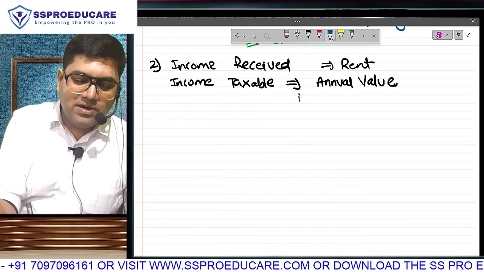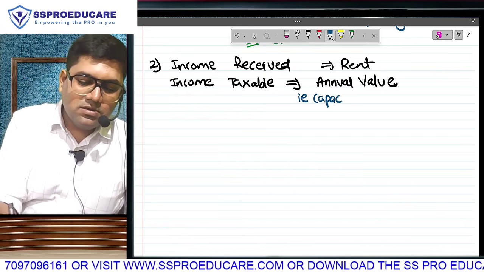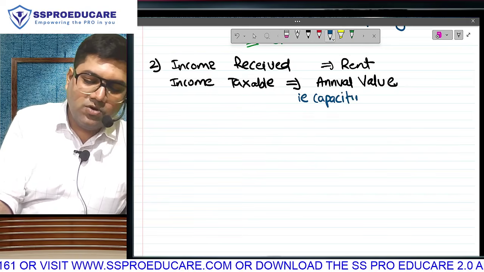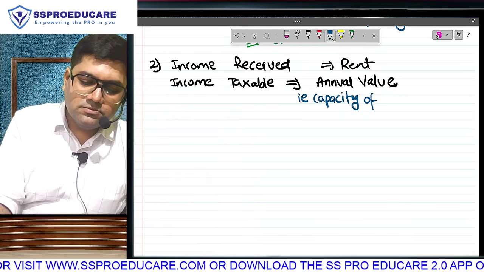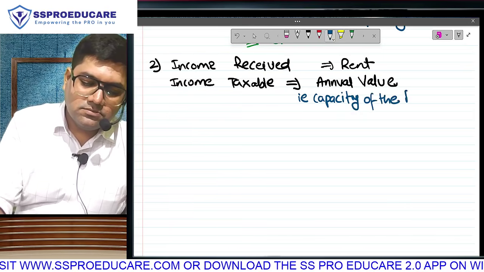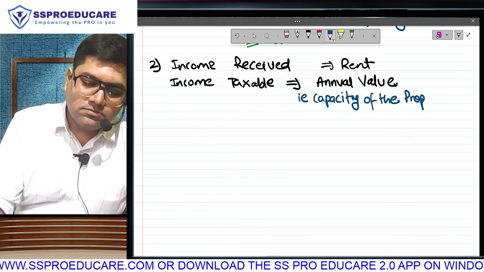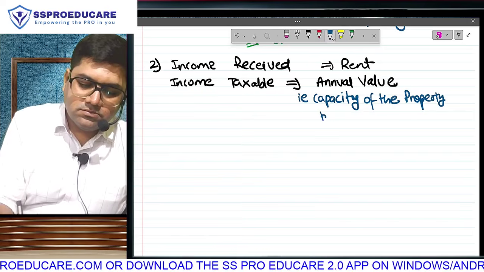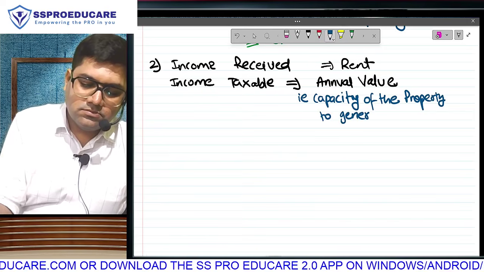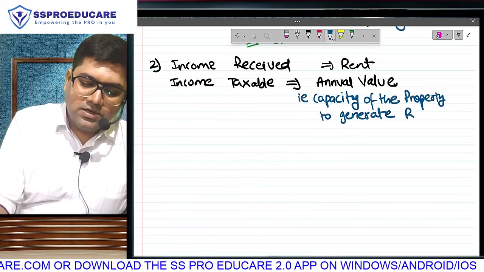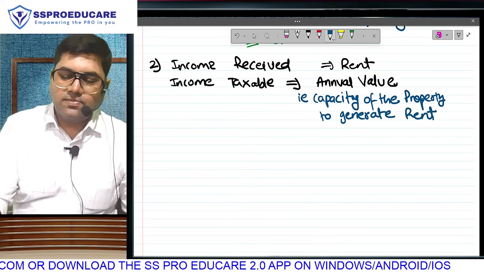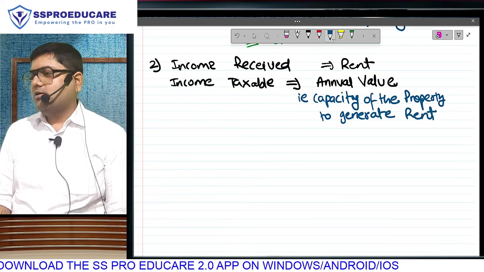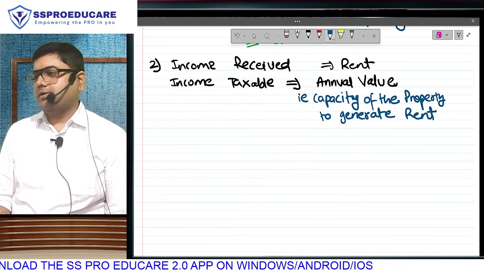So complicated legal term. First query is, sir, what is annual value? Annual value का simple meaning is the capacity of the property to generate rent.